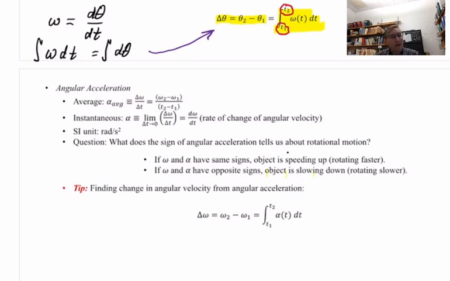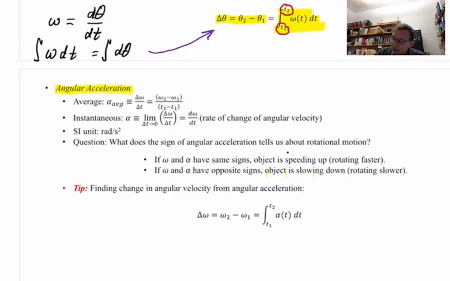We call that acceleration. So now I want a rotational version of that. Because what if my spinning wheel's angular velocity is changing? I'd like some measure of the rate at which angular velocity changes. And that is called, surprise, surprise, angular acceleration. And we're going to have both average and instantaneous.